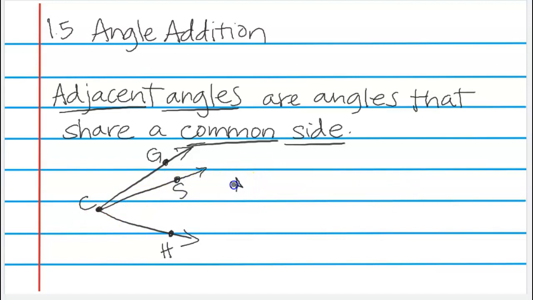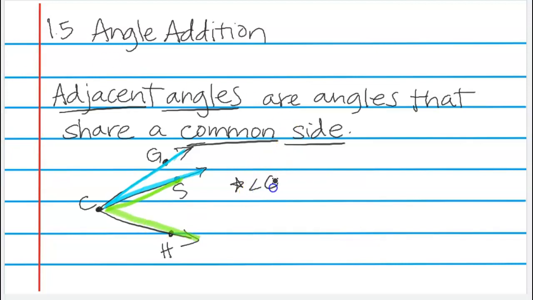So a couple statements about my angles here. The common side that is shared by the two adjacent angles is actually this side in the middle. So the two angles are angle GCS and angle SCH.